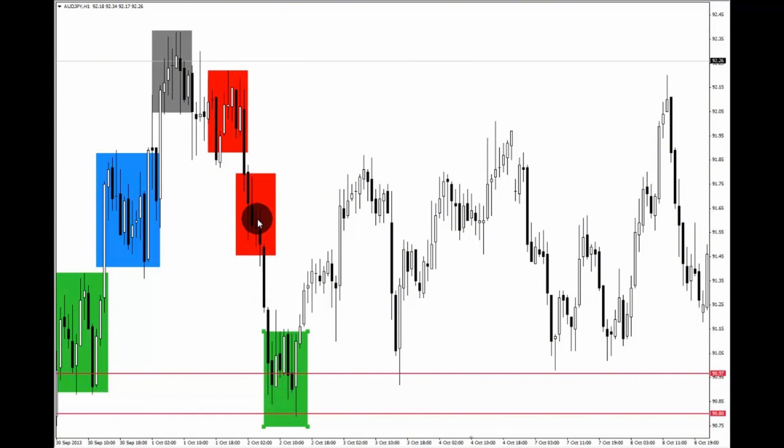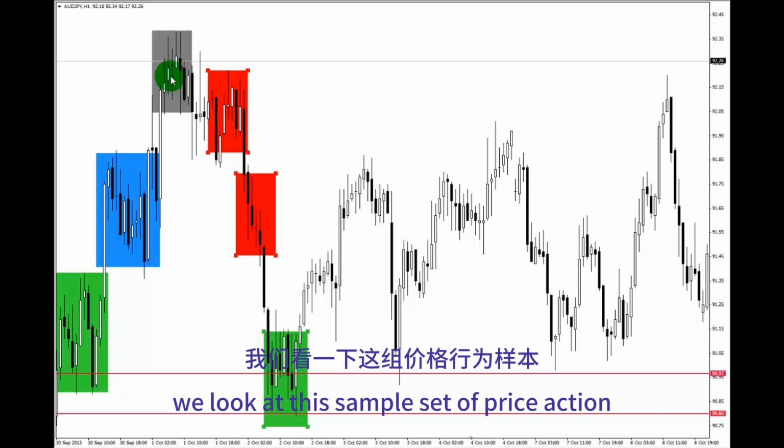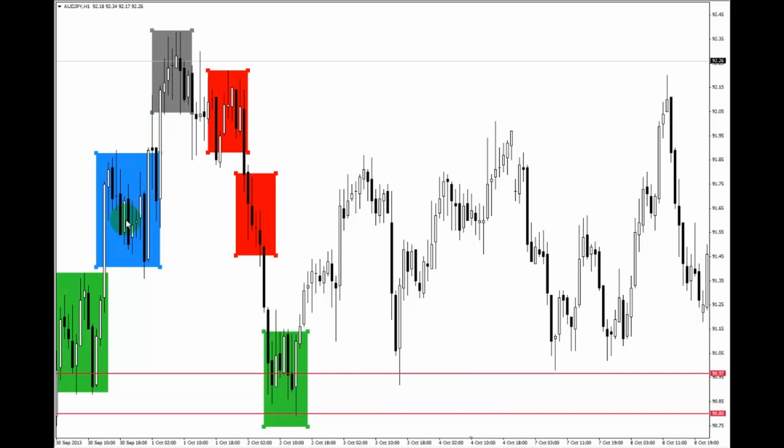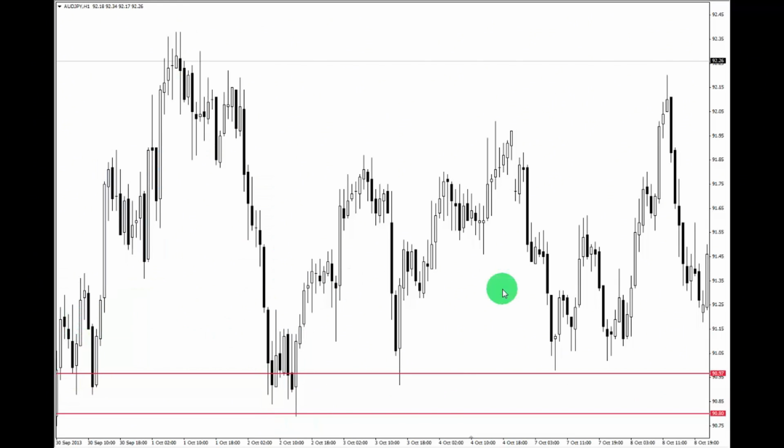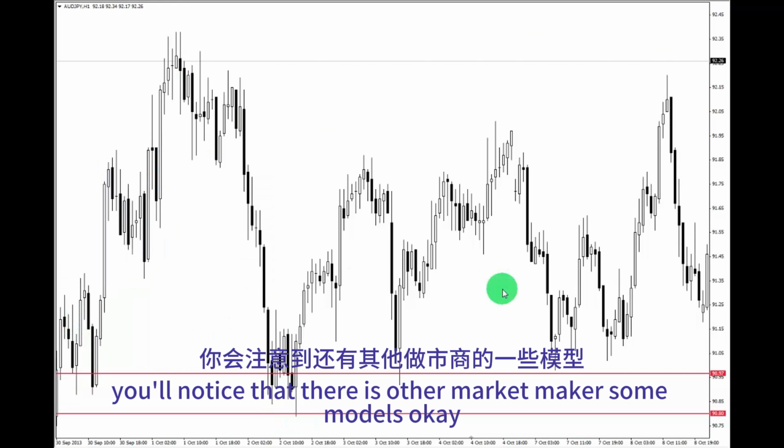If we look at this sample set of price action, you'll notice that there are other market maker sell models.